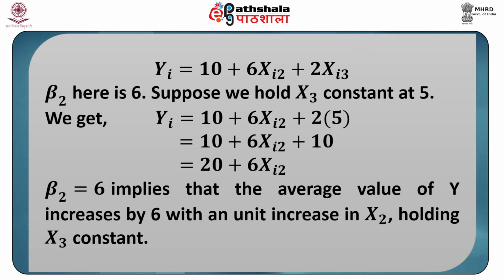So beta 2 equal to 6 implies that the average value of y increases by 6 with a unit increase in x2, holding x3 constant, in our example equal to 5.